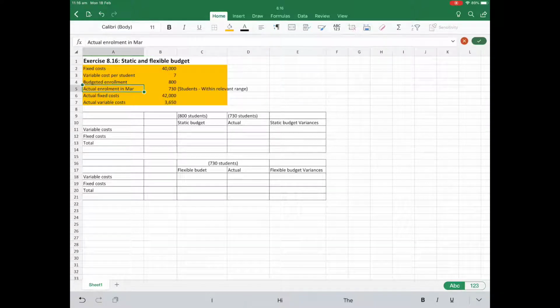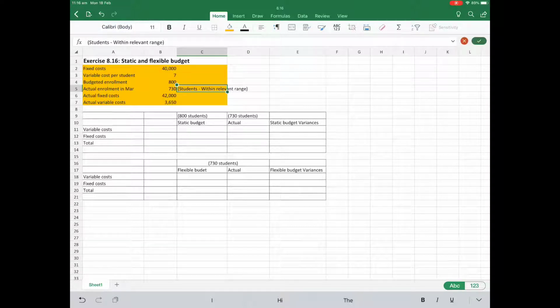The actual enrollment in March is 730 students within the relevant range. The actual fixed cost they incur is 42,000 and the actual variable cost is 3,650.